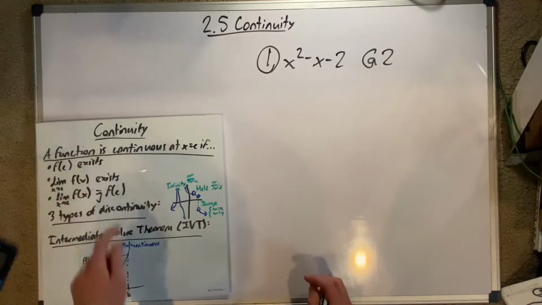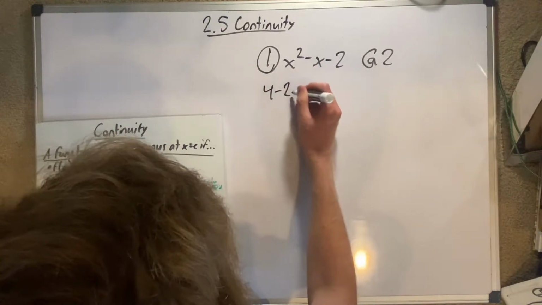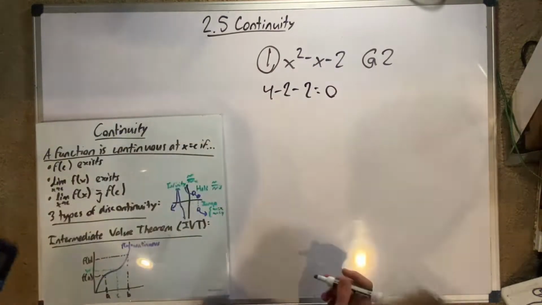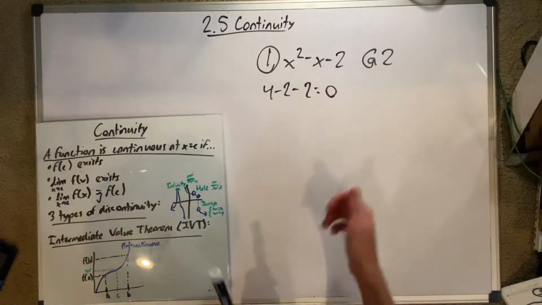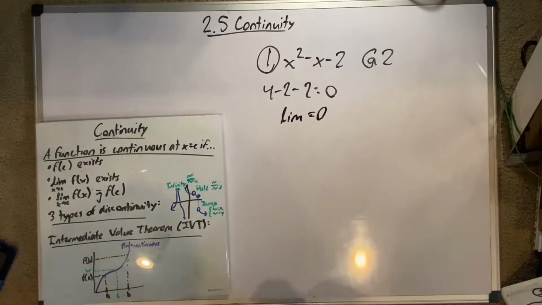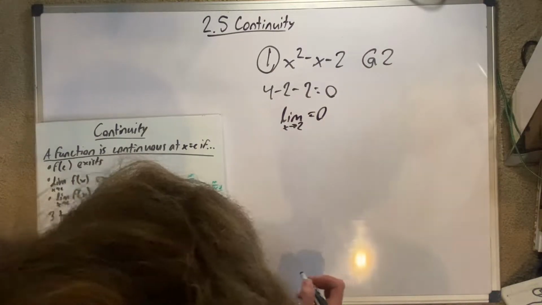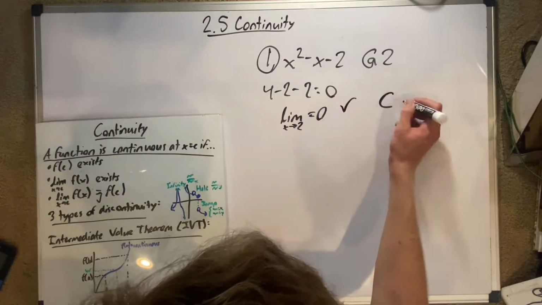We have to test to see, does f of 2 exist? So 2 squared is 4, minus 2 is equal to 0. Okay? If you can plug it in, you can probably do the limit of it as well. So the limit of it at 2 is then going to be also 0. I'm just going to shorthand it by doing limit x to 2. And then are these equal? Yeah, they are equal. So it is continuous.